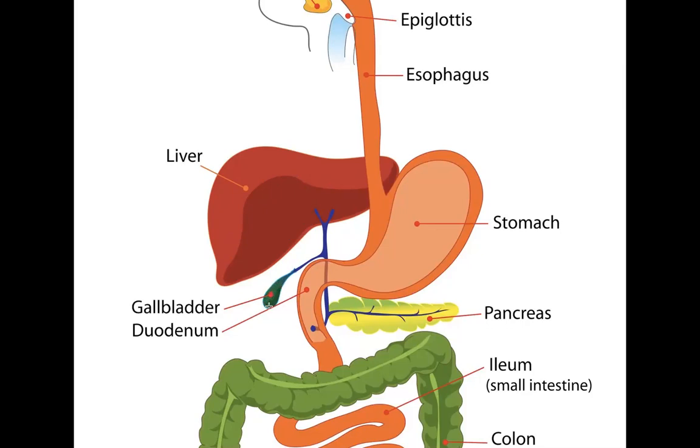When the bile is fully stored, the gallbladder is full, and this bile will be sent to the duodenum. Can you understand? So what is the function of bile? When the bile is in the duodenum, what will happen?